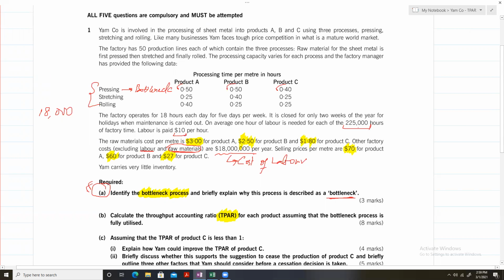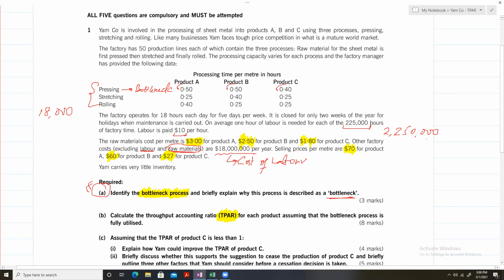So if you multiply $10 by 225,000 hours, what will you get? You will get 2.25 million.